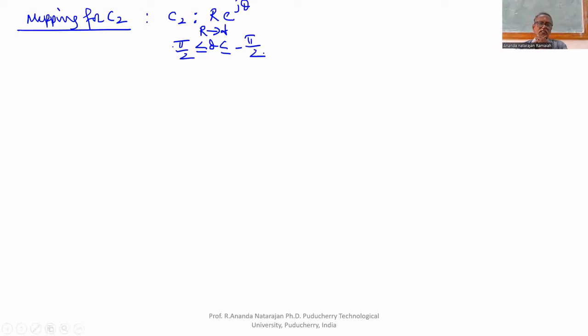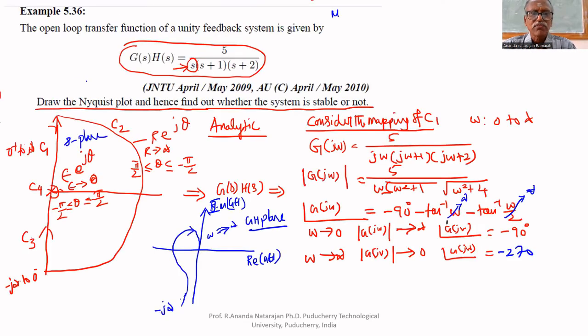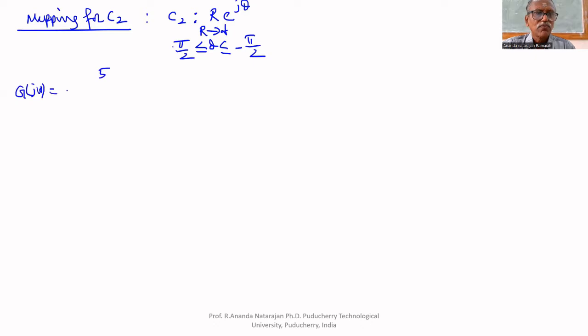This we have to substitute in G(j omega). G = 5 upon s, which means R e power j theta, (R e power j theta + 1), (R e power j theta + 2).